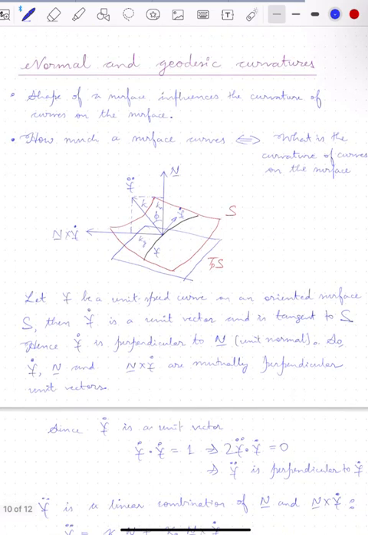In the schematic here, we have a tangent plane corresponding to some point P, and we have the surface here denoted by S, a portion of the surface.